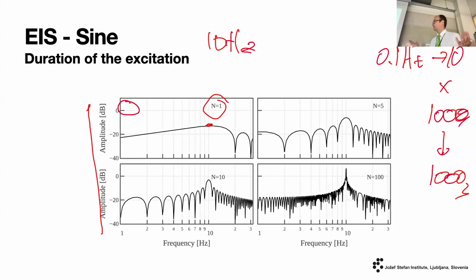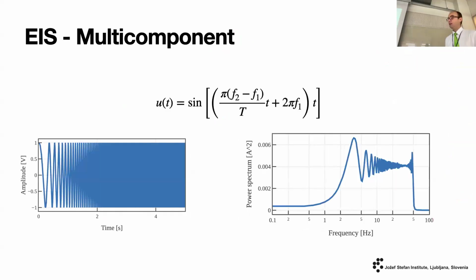So in some cases, this is acceptable. In some cases, it is not. The next scenario is, let's put multiple sine signals within a single one. It has a rather peculiar spectrum, doesn't matter, but we can do multiple points at the same time. Yes, you can do this.